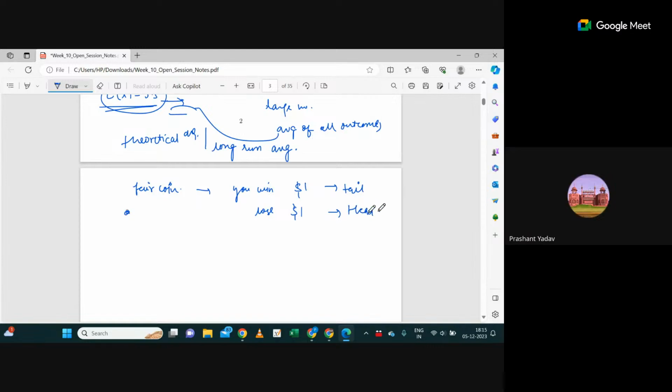Suppose my random variable x represents the amount of money you win in a single toss of the coin.